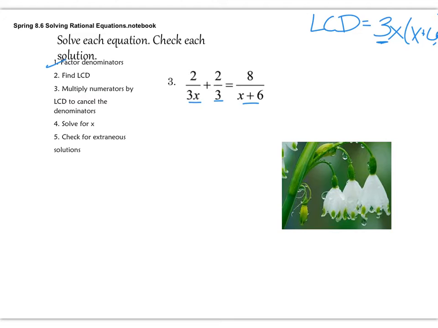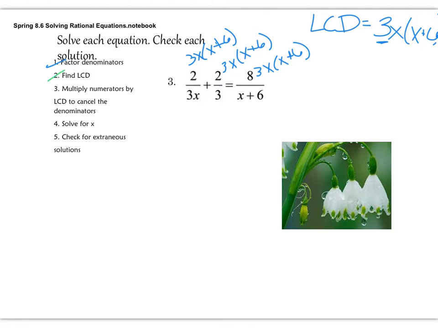Okay? So when I go to multiply, I need to put a 3x and an x plus 6 on every fraction. 3x, x plus 6. 3x, x plus 6. I am aware it's obnoxious to write that, but I think it helps so much by canceling those off this way, okay?